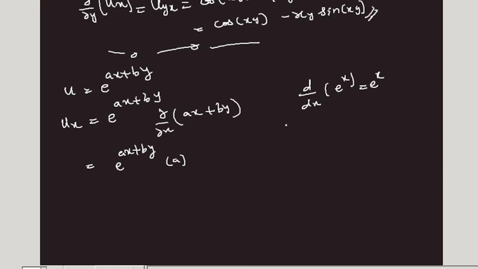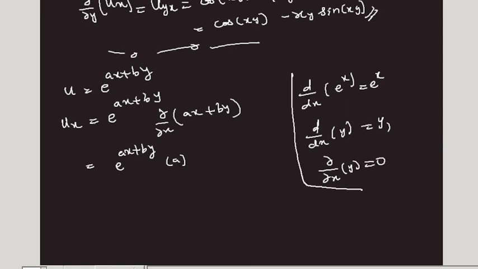Remember, we must remember that d by dx of y is 1, but dou by dou x of y is 0. So while doing the problem, this concept we must remember.